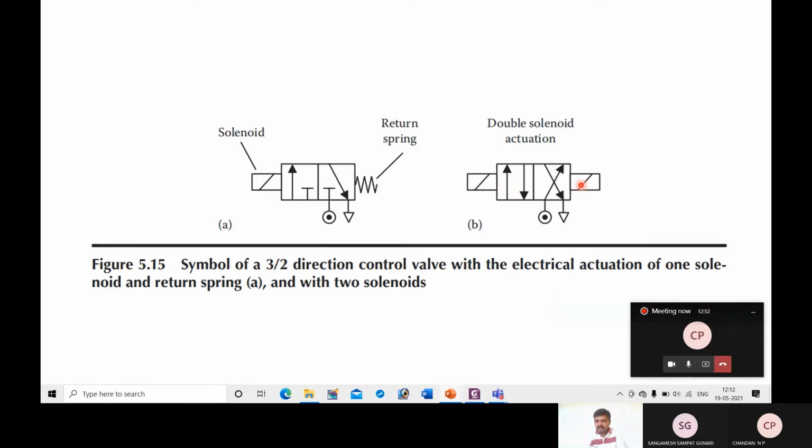Only when it receives the second signal will the other position be actuated. That is double solenoid actuation. If it is spring return, automatically it will go back to its original position. It may be normally closed or normally open, so depending on that, it will go back to the earlier position. If it is double solenoid, you have to give a signal for both positions.